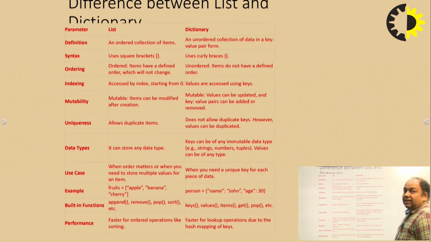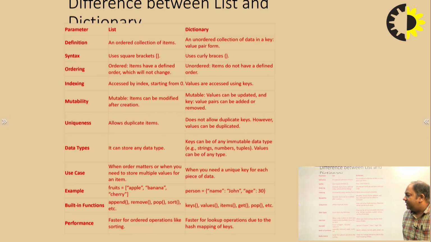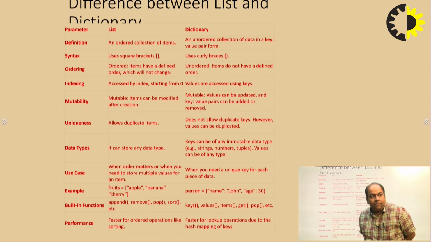Now I will discuss the difference between the list and the dictionary. A list is an ordered collection of items and a dictionary has key value pairs. List is defined using square brackets, which I have already discussed. Dictionary is defined using curly braces.